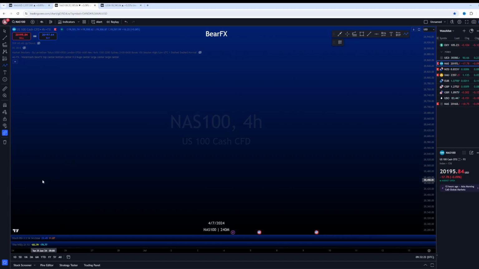So we're going to be looking at the different types of market structure there are. Your uptrend, then you've got your ranging, and then you have your downtrend as well.